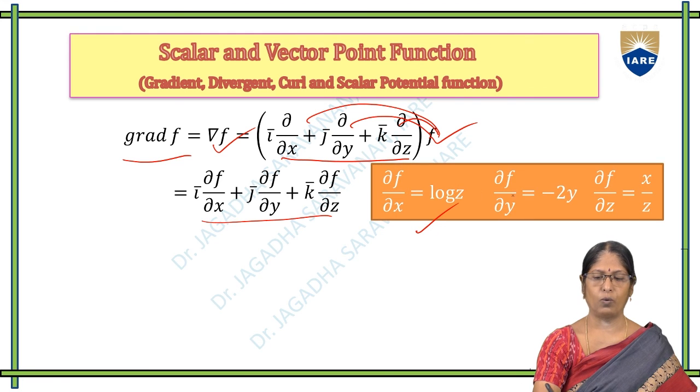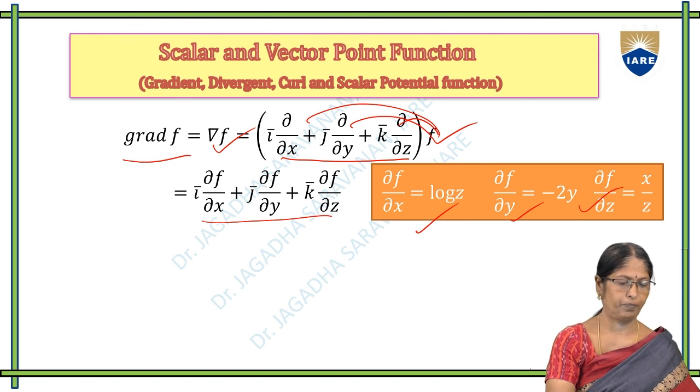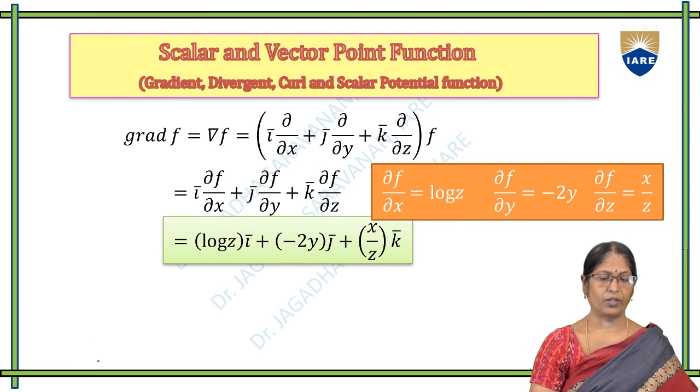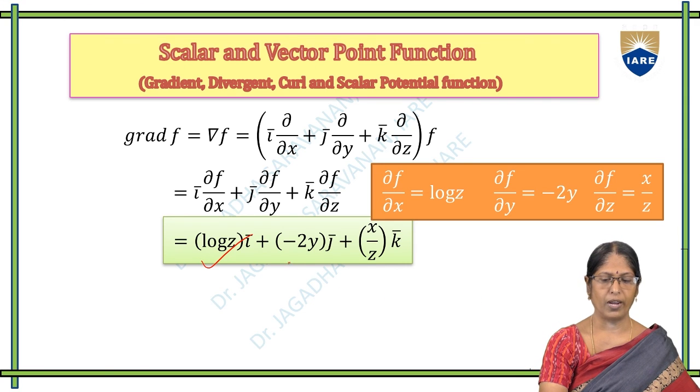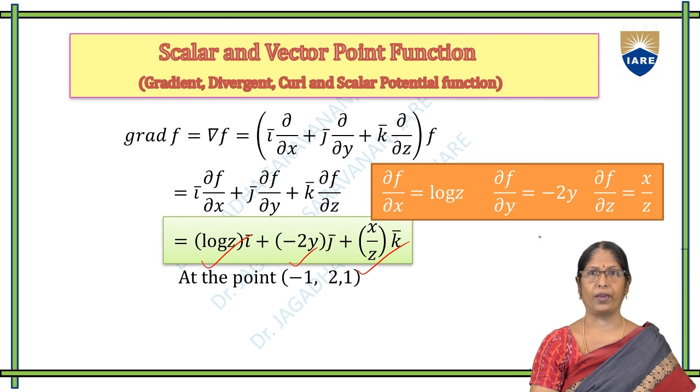So the values we obtained, we are going to substitute in the respective places: log z of i and minus 2y of j plus x by z of k.